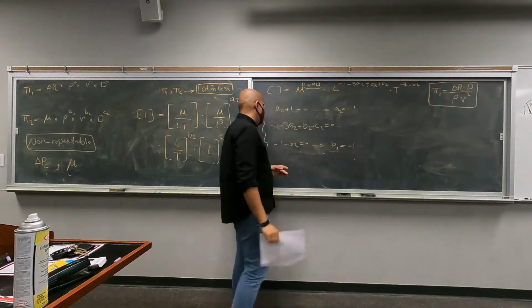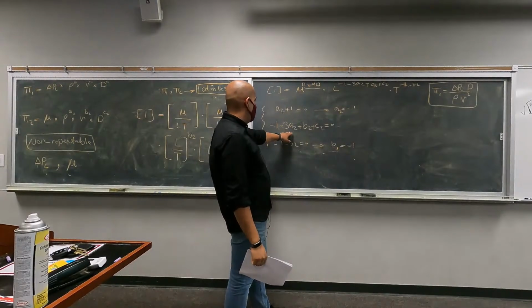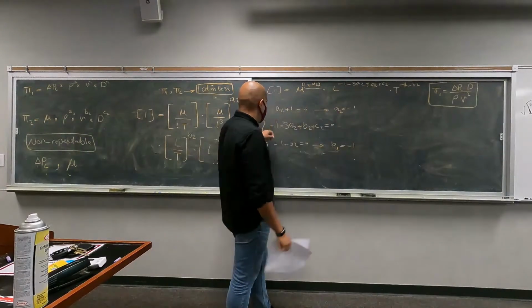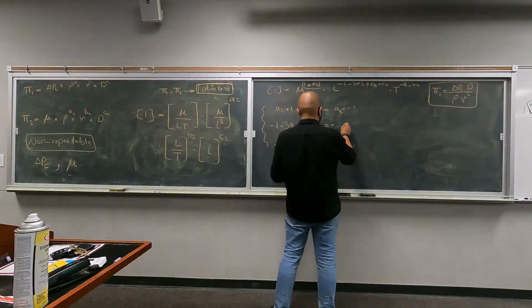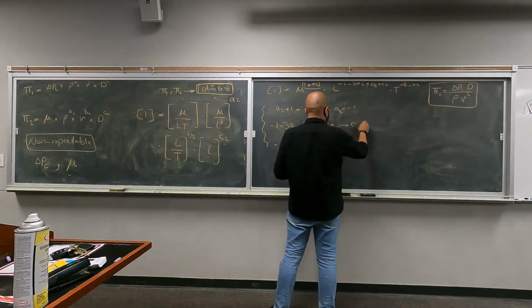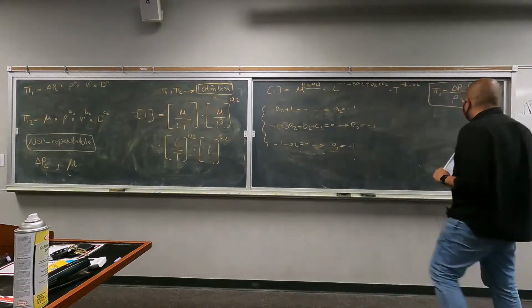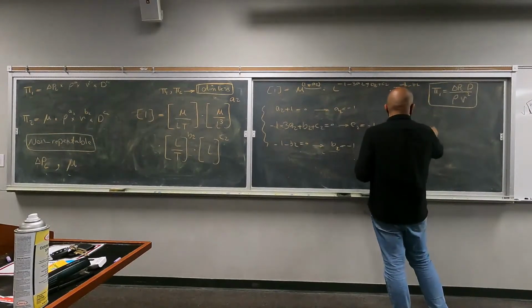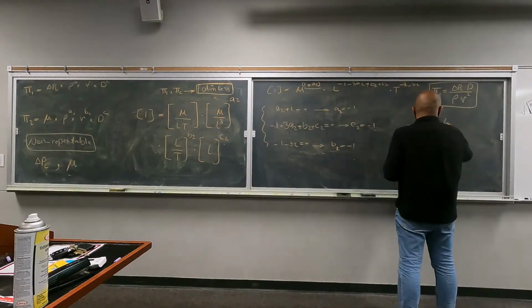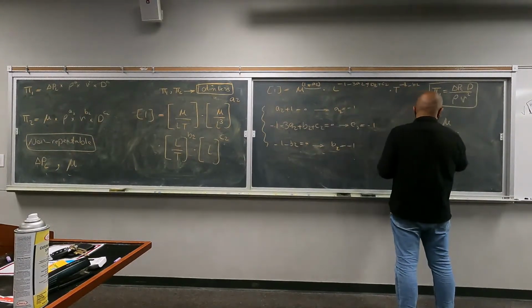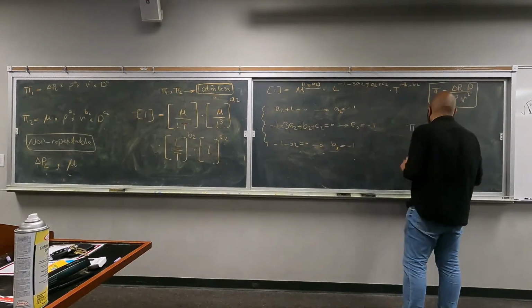And let's plug that in here. Negative 1 is positive 3. Negative 1 here, negative 2. C2 is going to be equal to negative 1 as well. So your pi 2 is going to be equal to viscosity divided by rho v d.